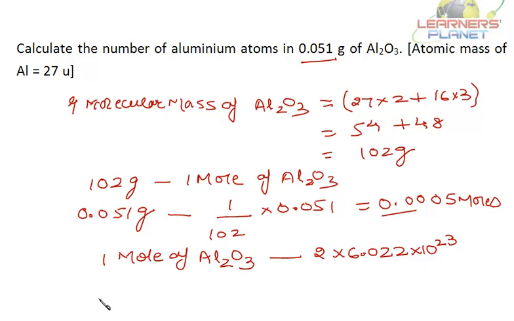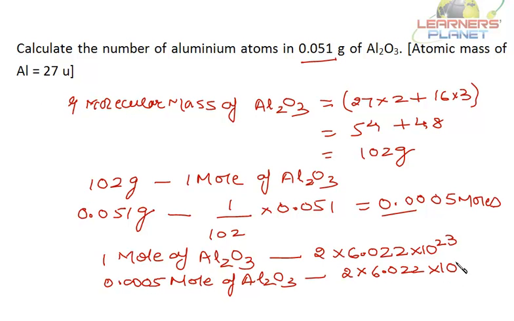1 mole of a substance. So 0.0005 moles of Al2O3 will contain how many atoms of aluminium? 2 into 6.022 into 10 to the power 23 multiplied by 0.0005, right? Calculate this and you'll get your answer. So what will be the answer here?